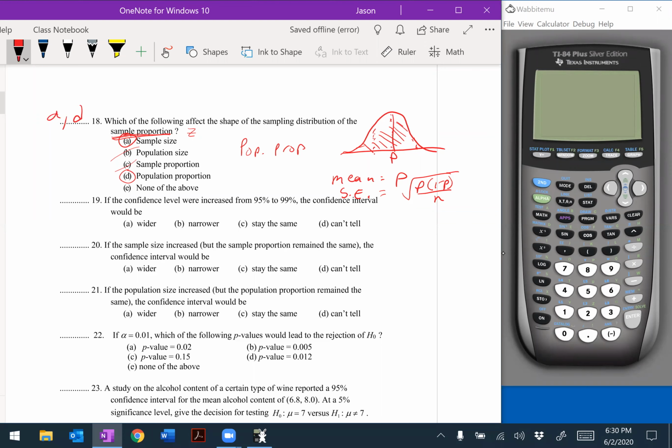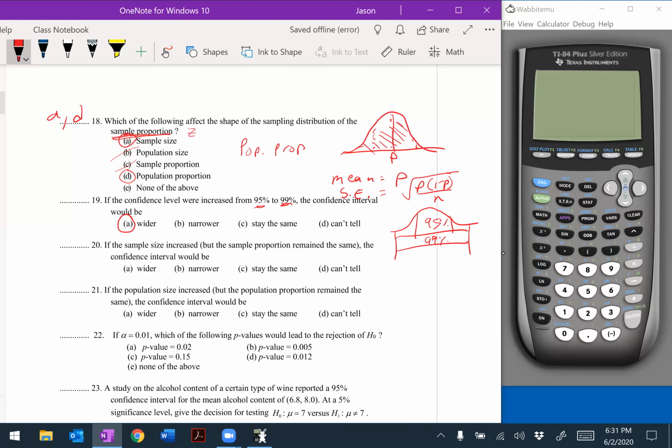Okay, if the confidence level were increased from 95 to 99%, what would happen? The confidence interval would be wider, narrower, stay the same, or can't tell. Well, if it goes to 99%, it will be wider.